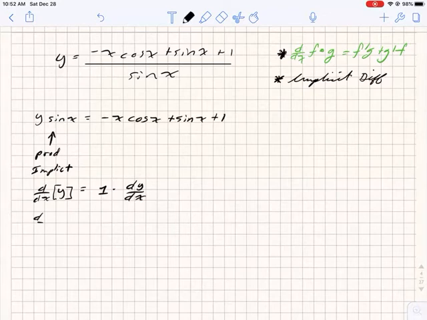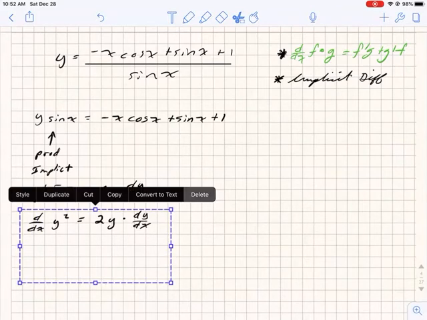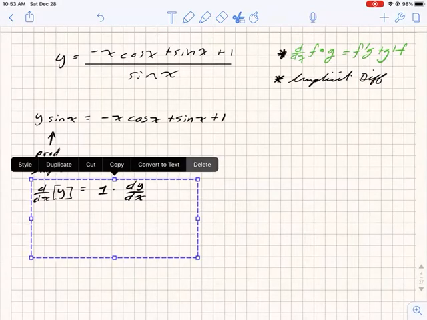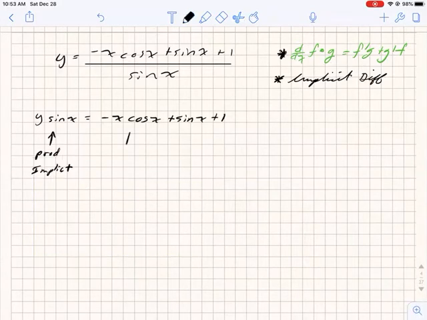Now if this was y to the second power, this would be 2y multiplied by dy over dx. But since we only have y to the first power, you don't have to worry about anything. Notice that there's another product rule, and this is just regular because both variables are with respect to x, which is what we're differentiating.